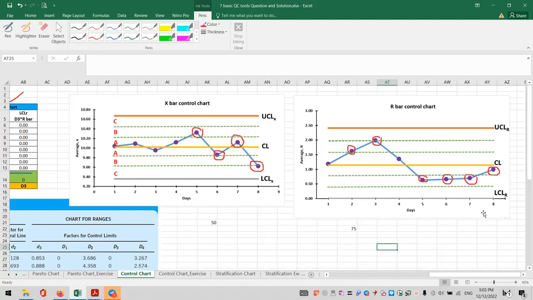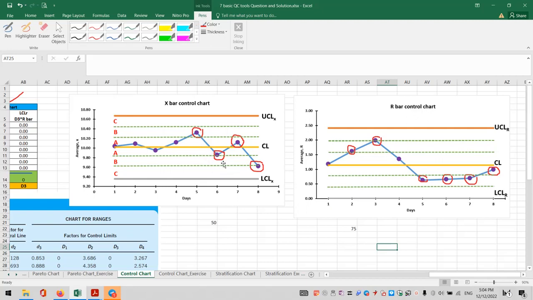6 out of 8 sampel ni kan, 8 data ni is located at the region A, B and C. And we have here at the beyond of the central line, we have a 4 consecutive points that are located at region B and A. Okay, same goes for this X bar control chart.